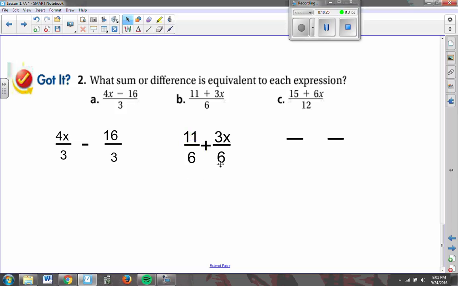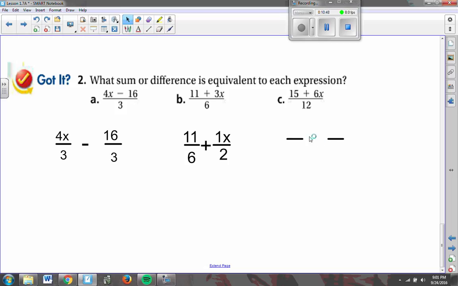However, I think that's something that I can simplify. If I divide the top number by 3, I end up with just 1x. And if I divide the bottom number by 3, I end up with 2. So I have 11 over 6 plus 1x over 2. And if you don't want to write the 1 there, you really don't have to. You can just write x. Either one is totally fine.